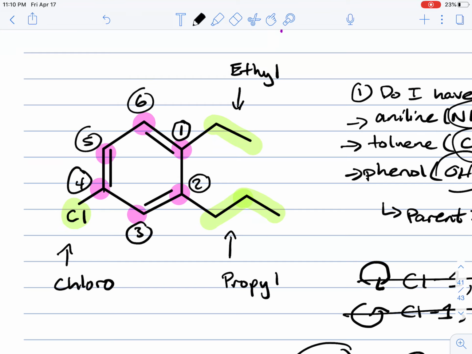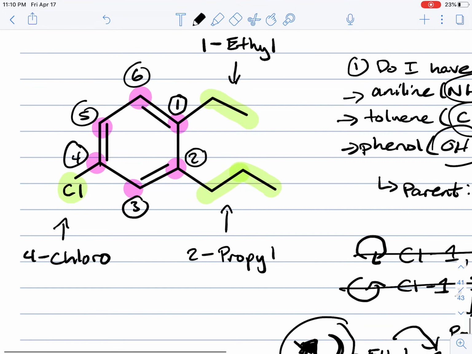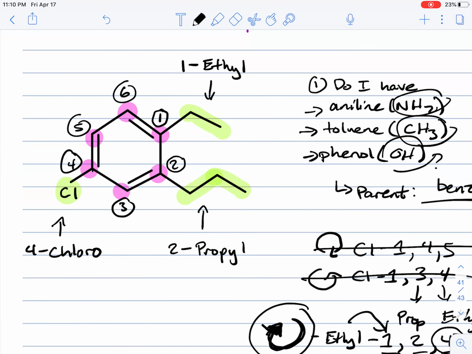And so here we have 1 ethyl, here we have 2 propyl, and then here we have 4 chloro. And that's only to determine the numbering system for this specific benzene.